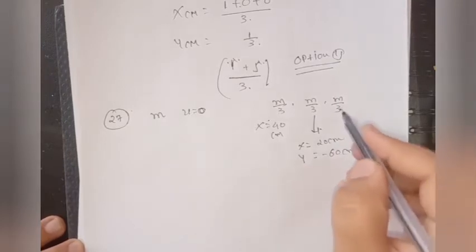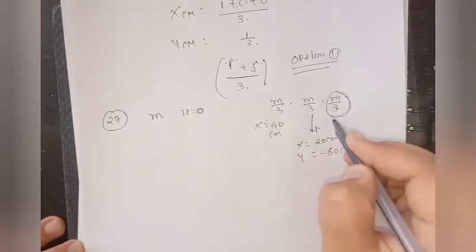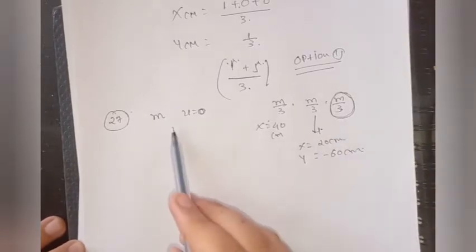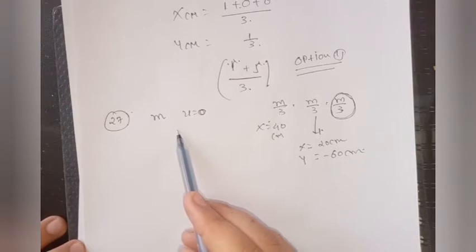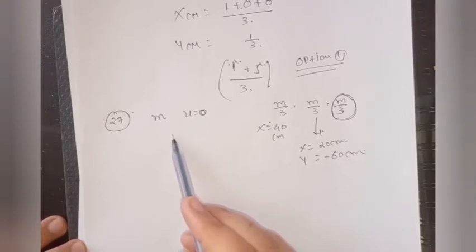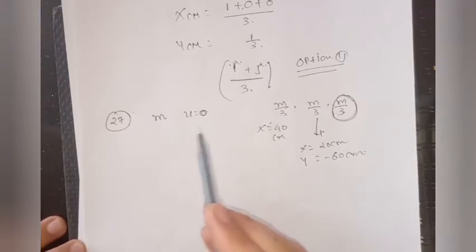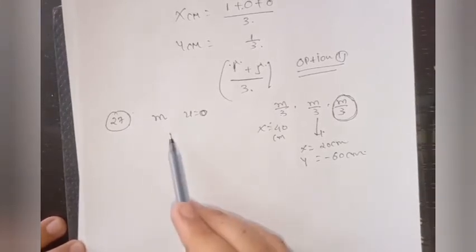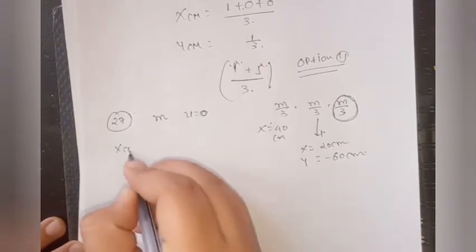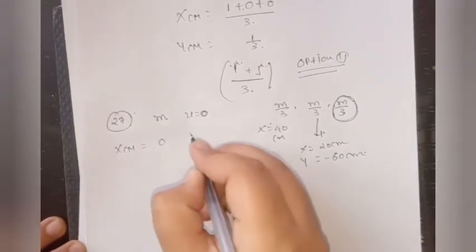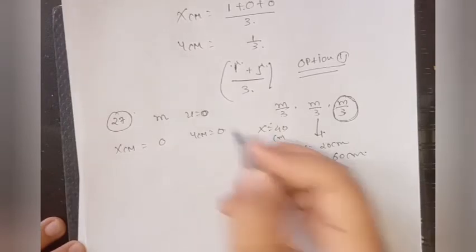We want to find the position of this third particle. Here note that the explosion force is the internal force of the system. As there is no external force acting on the system, the velocity of center of mass will be 0. So center of mass will be located at origin only, even after explosion. So xcm will be 0 and ycm will also be 0.